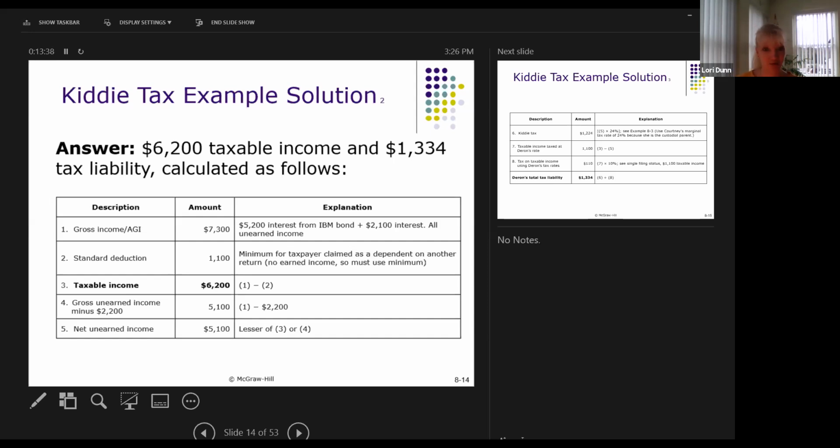We learned that back in chapter 4. Duran here has no earned income, so his minimum standard deduction is $1,100. So his taxable income is $6,200.